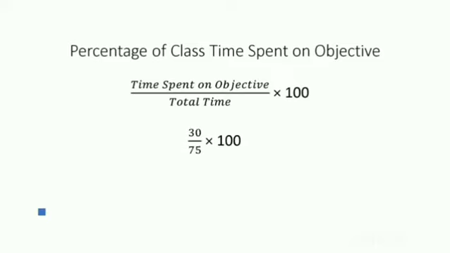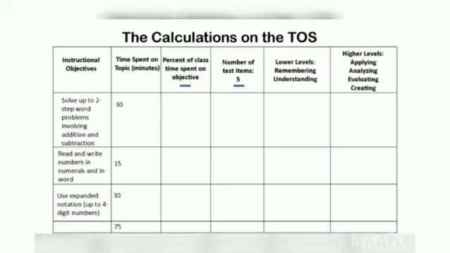So the time spent on the objective is 30 minutes and the total time is 75 minutes. When we find the quotient here, we'll multiply that by 100 and that will give us 40%. So 40% of time is spent on this particular objective. Now that we have worked this out, we would come up with 40% of class time spent on this objective.